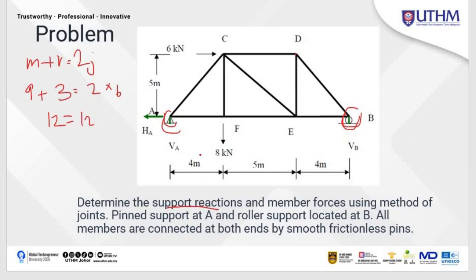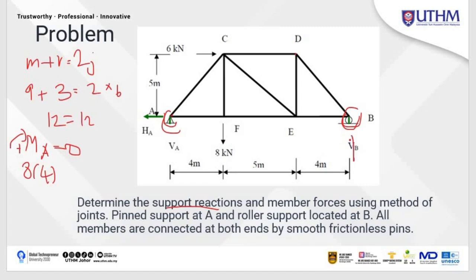We can choose the moment at A, or you can also choose the moment at B. If we choose the moment at A, because we assume clockwise is positive, we have 8 multiplied by the distance from the point load to the point of moment, which is 4.